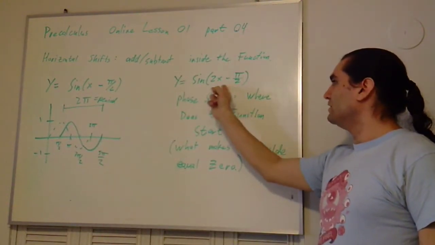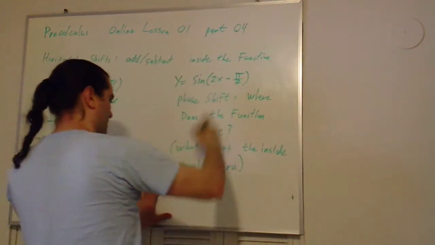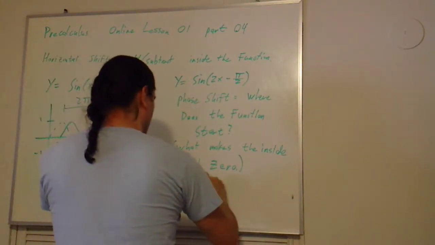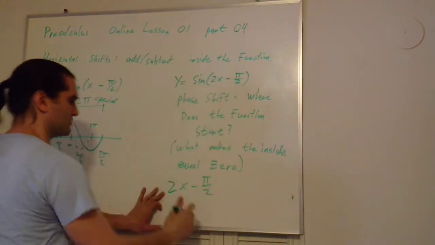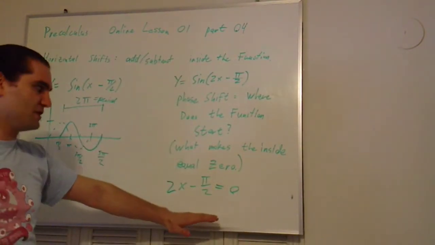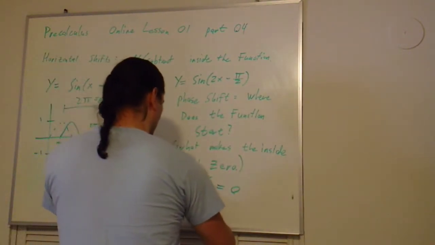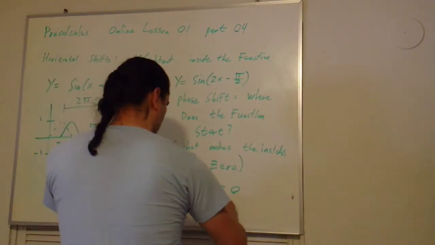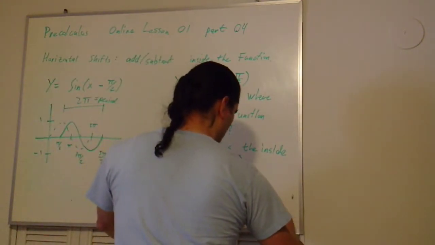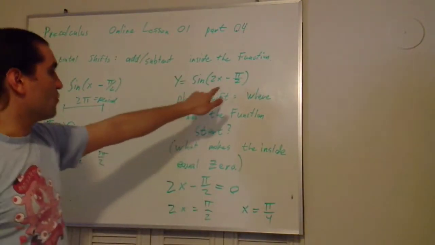So, amplitude is still 1. Period is still 2 pi. It starts at pi over 2, ends 2 pi units later. This distance is still 2 pi. That's the period. It just starts and ends in a different place. Where things are going to get weird is when we try to put a horizontal shift and an adjusted period into the same problem.